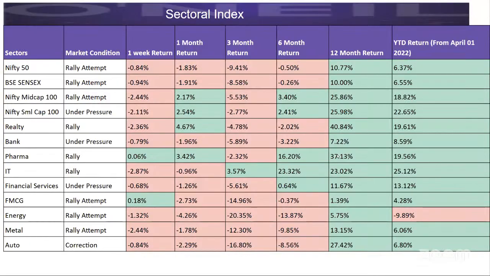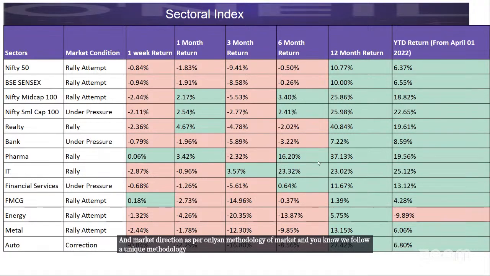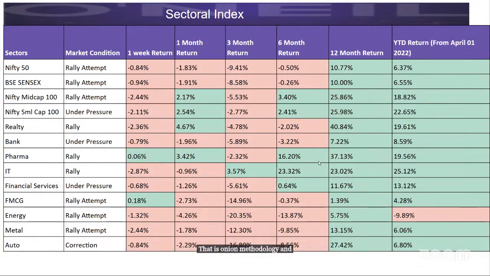So this is the sectoral update and market direction as per O'Neill methodology of market. And we follow a unique methodology to decide the market trend, that is O'Neill methodology. Under this methodology, we categorize the overall market in 4 different segments.